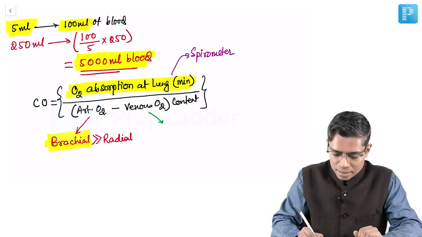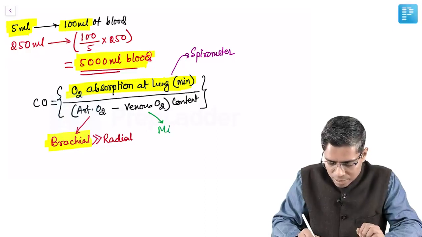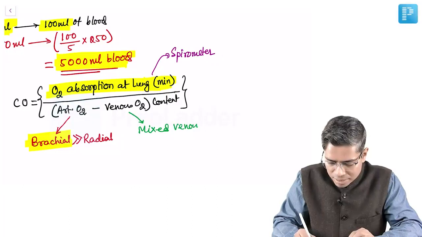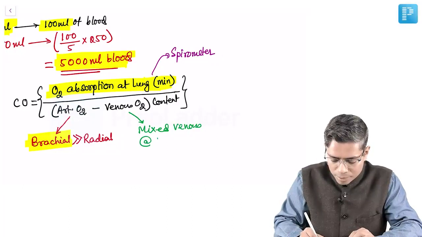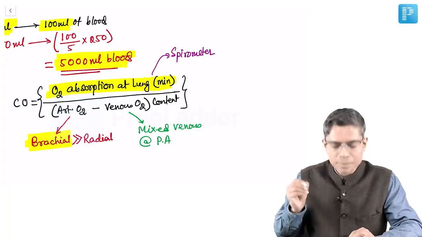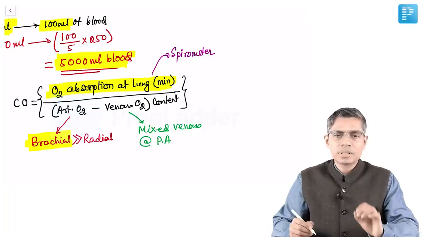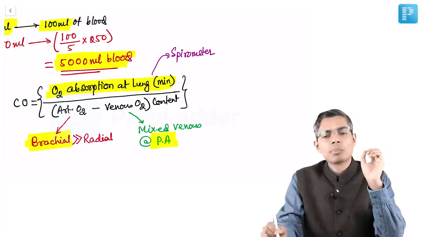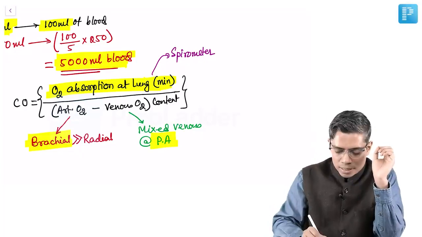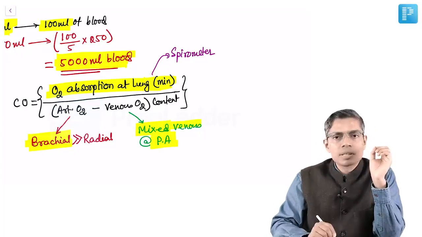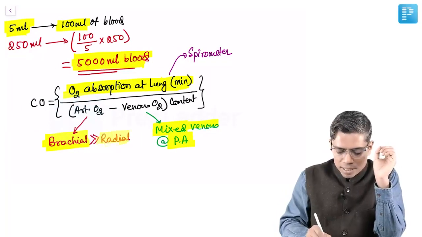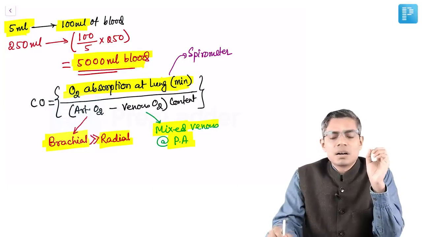That's why it is said that the best mixed venous blood sample is taken from the pulmonary artery level. So please remember, for Fick's principle you have to introduce one catheter at the level of the pulmonary artery, from where you take the mixed venous blood sample. That is the best sample, and you have to puncture the radial artery or brachial artery, from where you take the arterial blood.